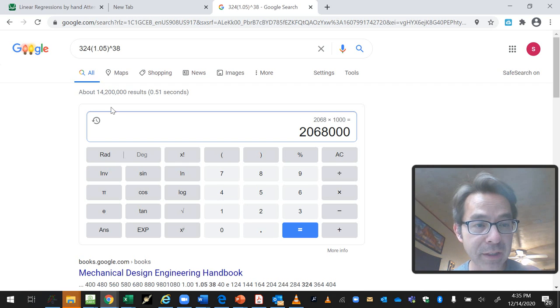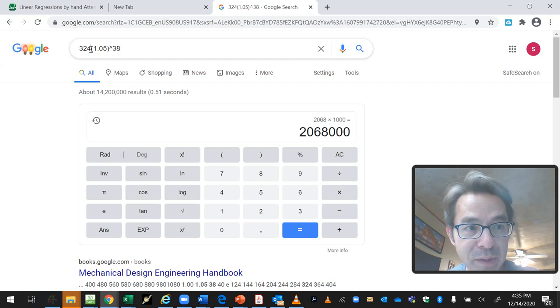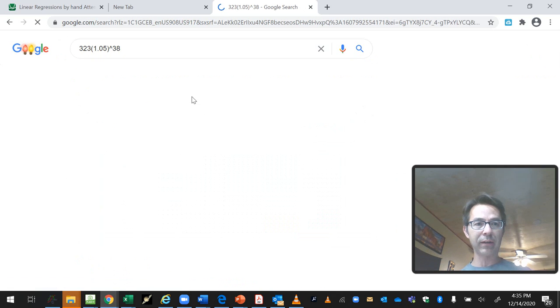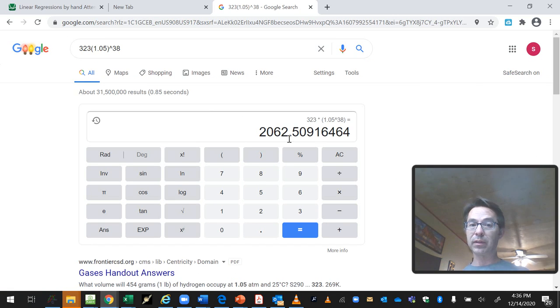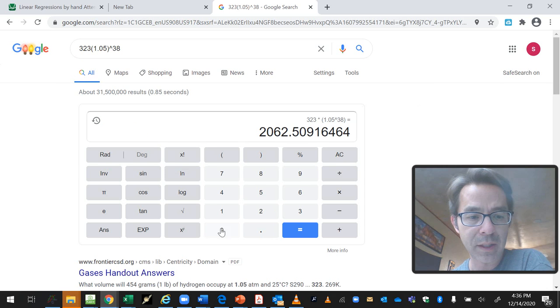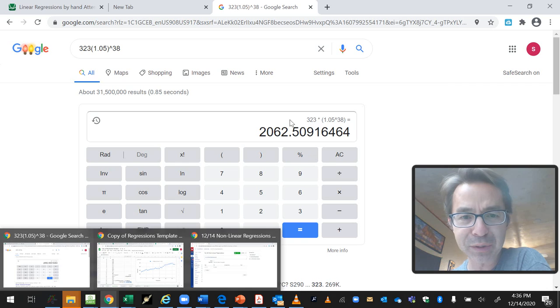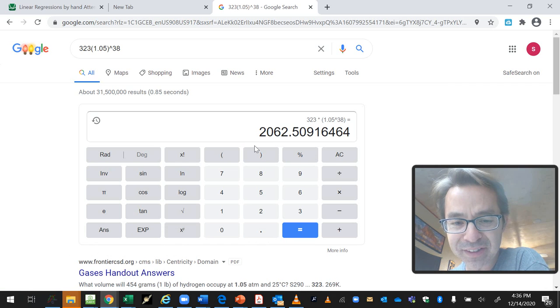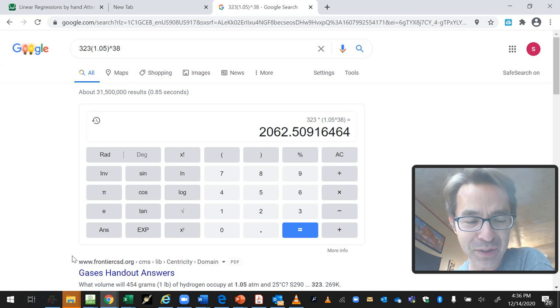But keep in mind, I rounded this one up slightly, so I don't know how much of an effect that would have. Not much of an effect, actually. But there you go. At least we got an answer that vaguely makes sense. 2 million violent crimes as opposed to the nonsense we got before.